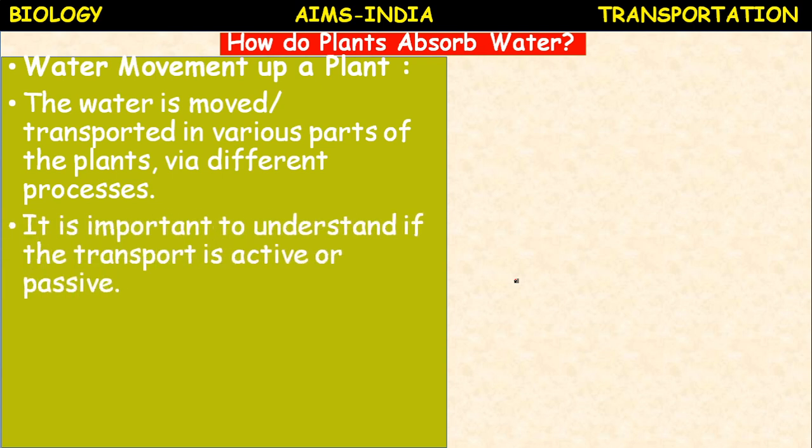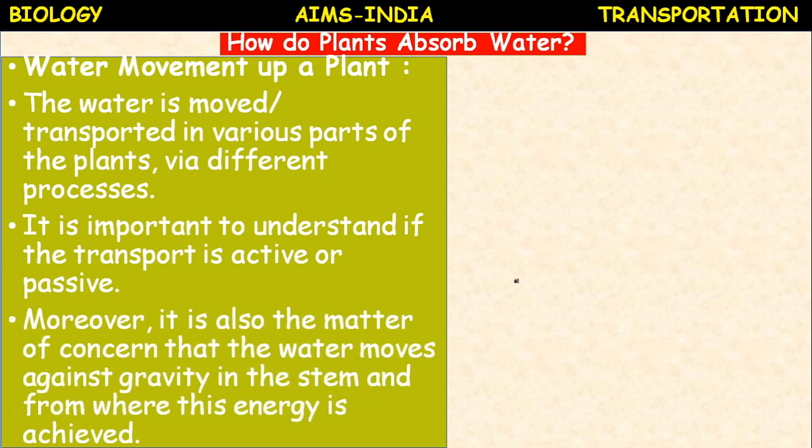It is important to understand if the transport is active or passive. Moreover, it is also the matter of concern that the water moves against gravity in the stem and from where this energy is achieved. How?